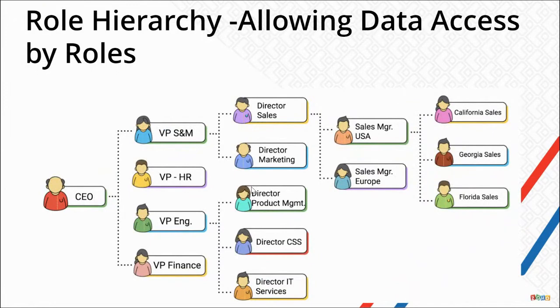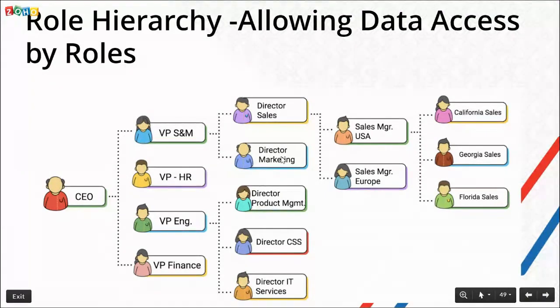Coming to data sharing, there is another concept called data sharing. In case Director Sales is going on a long leave, and he has to hand over his work to some other person, say he's handing over all his work to Director Marketing, in those cases we can use the option called data sharing, which I'll be explaining.